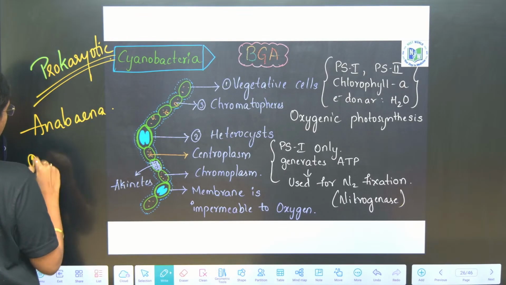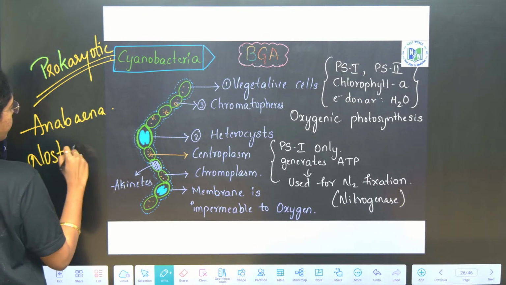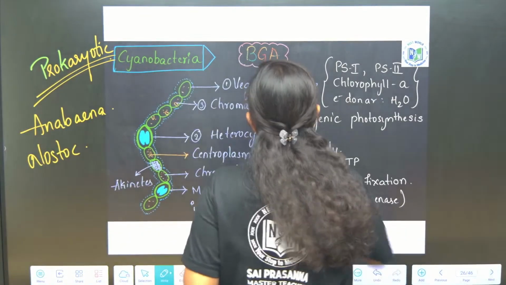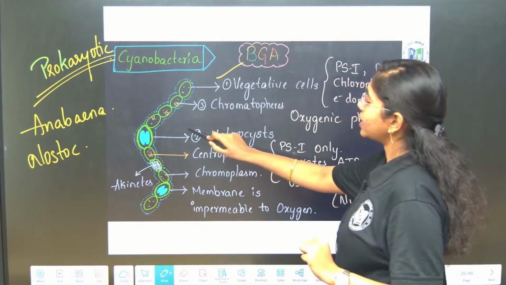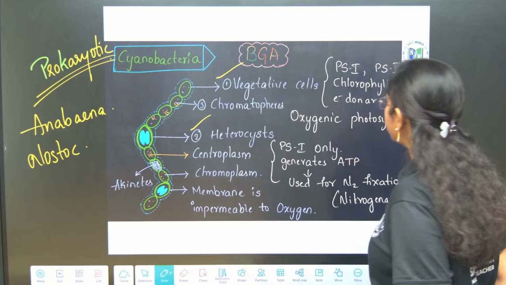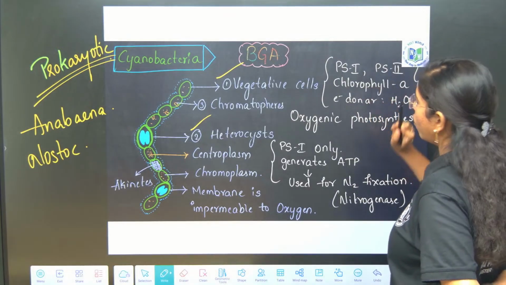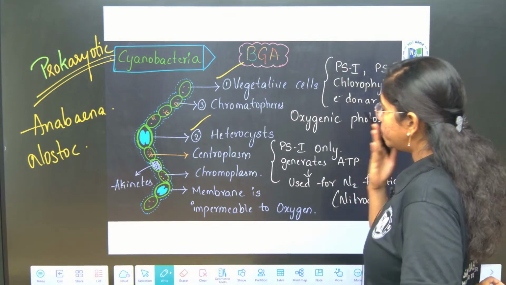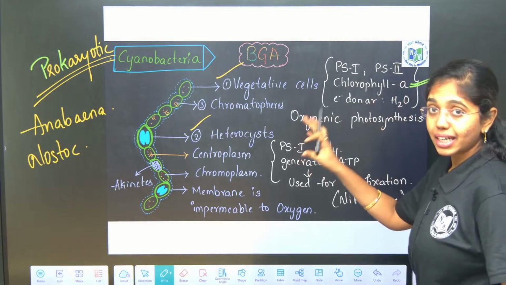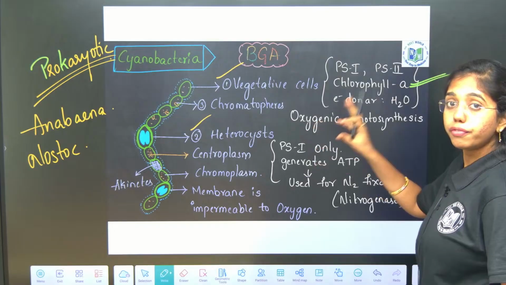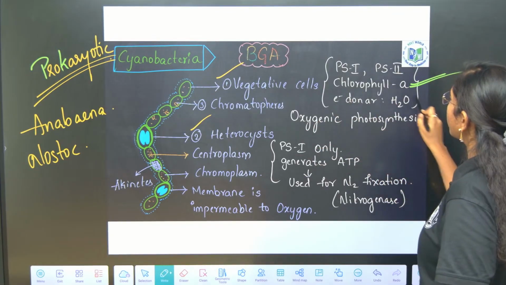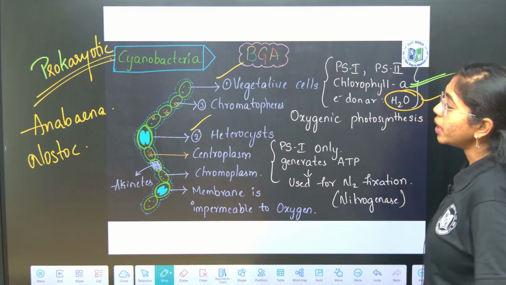Here you will come across two types of cells. One is the vegetative cell and the second is the heterocyst. The vegetative cell includes photosystem 1 and photosystem 2, and it has the pigment chlorophyll A, and this conducts oxygenic photosynthesis. Then what will be the electron donor? Electron donor will be water.